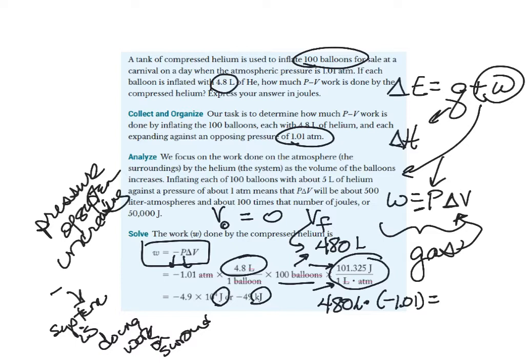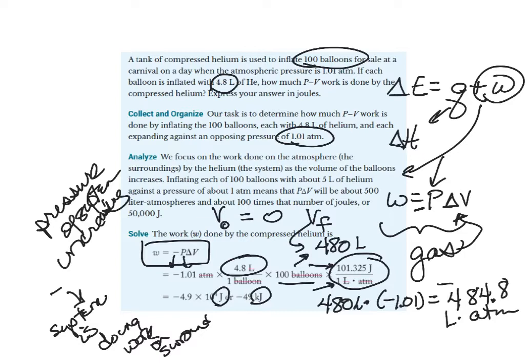So hold on just a minute. Let me punch this in and see what it would be in liters atmosphere. All right, so in liters atmosphere, we have minus 484.8 liter atmosphere of work.